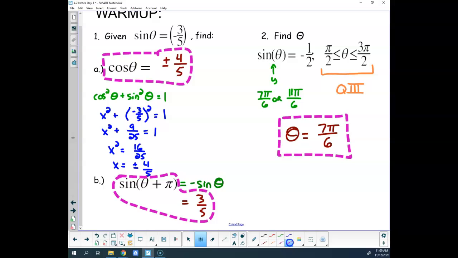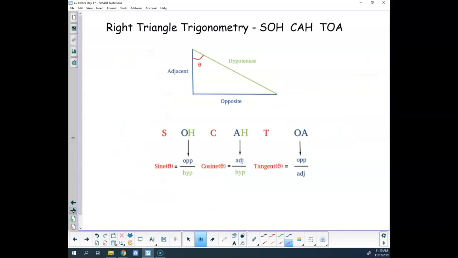Good? Okay, love it. Let's talk a little SOHCAHTOA today. You learned way back in geometry all about right triangle trig, SOHCAHTOA. The sine of any angle in a right triangle is equal to the opposite side divided by the hypotenuse.